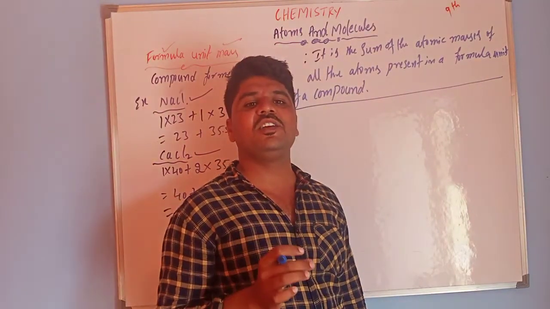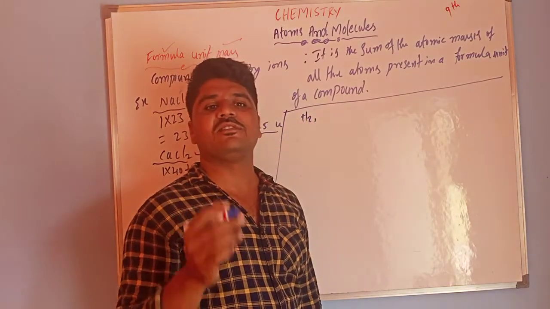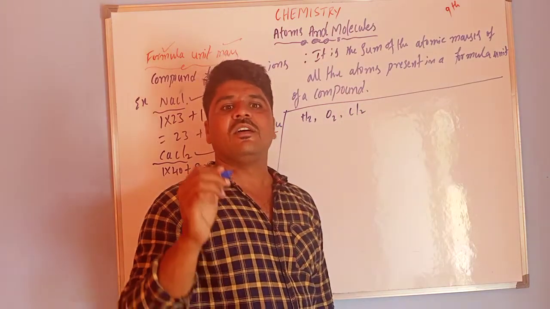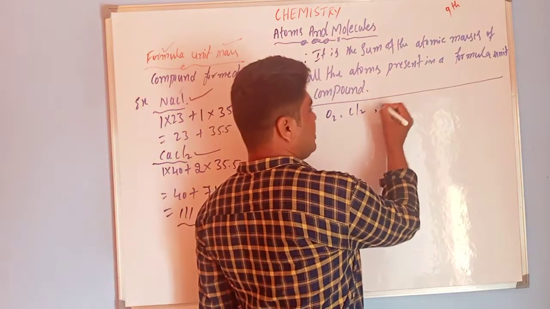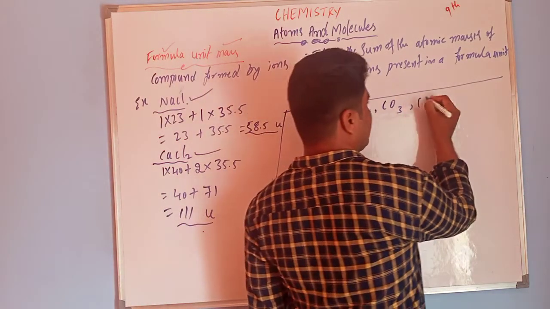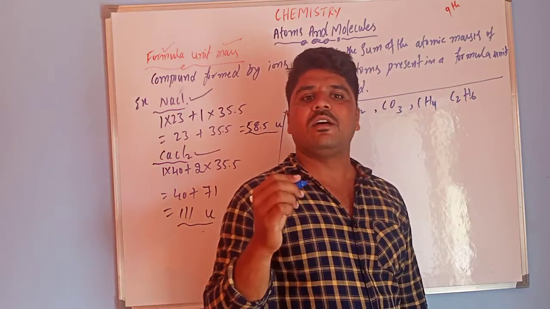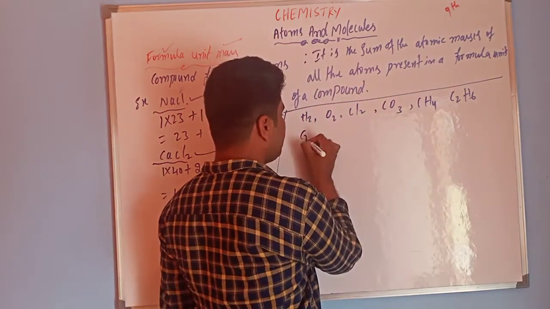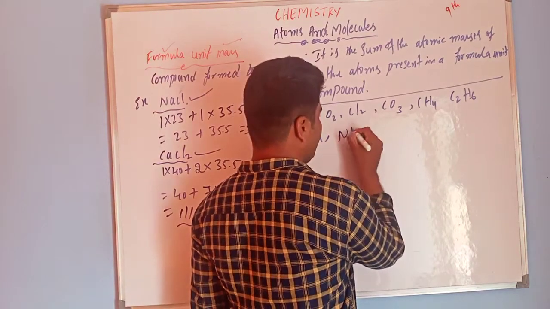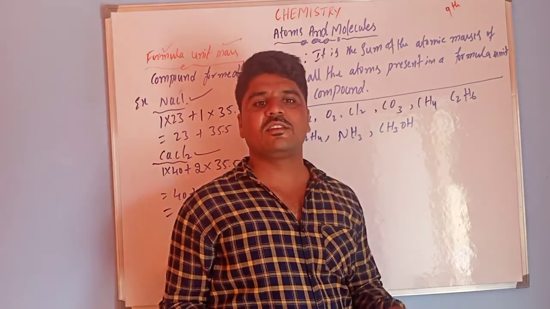Calculate the molecular masses of hydrogen H2, oxygen O2, chlorine Cl2, carbonate ion CO3, methane CH4, C2H6, C2H4, ammonia NH3, and CH3OH. These are the compounds.